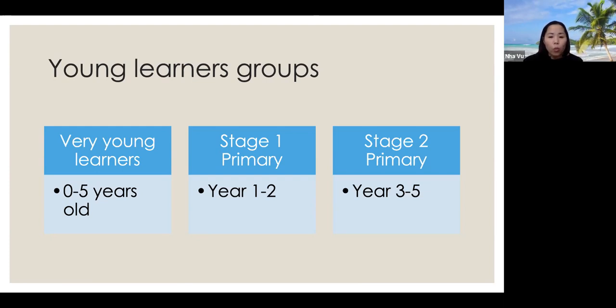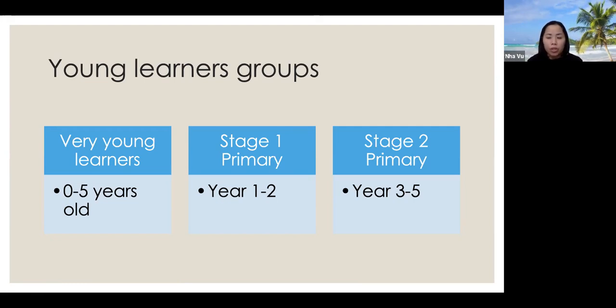But for stage one in primary, in year one and year two, the students at this time can express their ideas in speaking more freely, but they do not know how to read or write fluently. And at this stage, the activities that we use need to take into consideration their ability to read and to write.